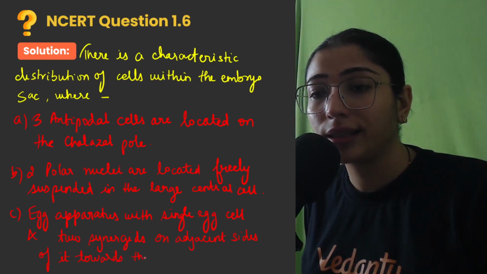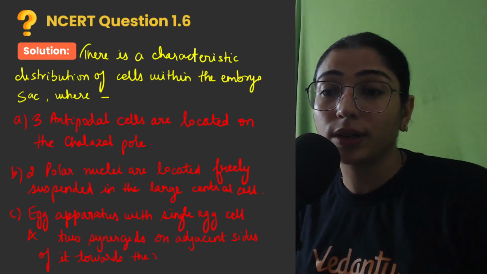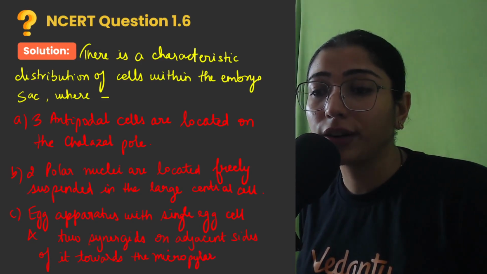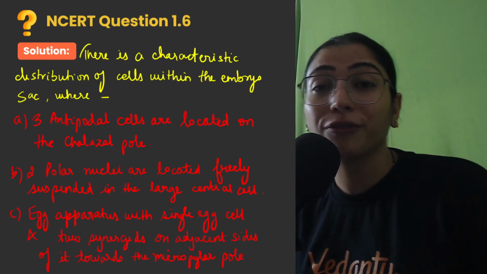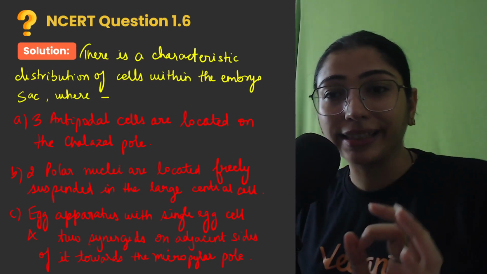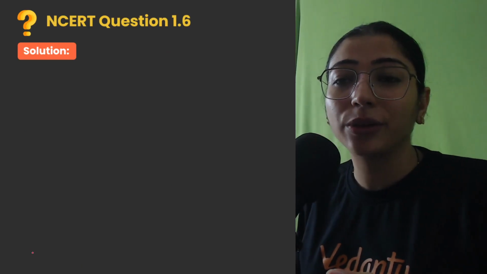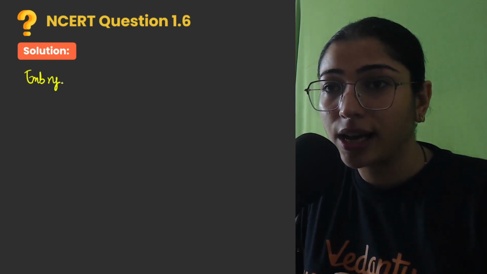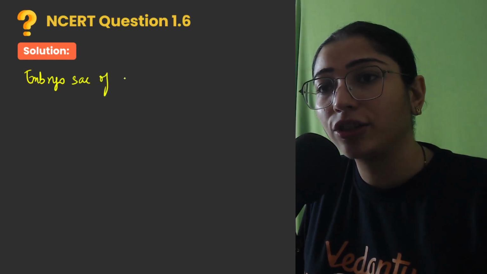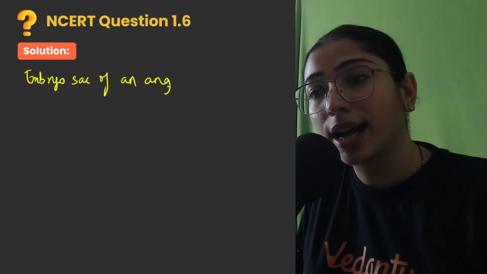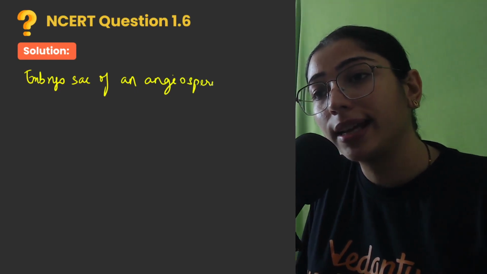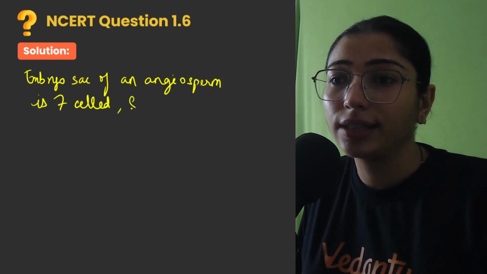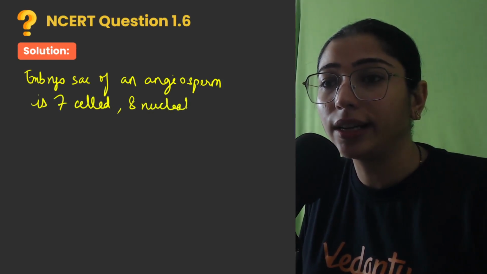So the location of egg apparatus is towards the micropylar pole. So I hope children you have understood the characteristic distribution of nuclei and cells in this embryo sac, and you can finally say that embryo sac of an angiosperm is 7-celled 8-nucleated structure.